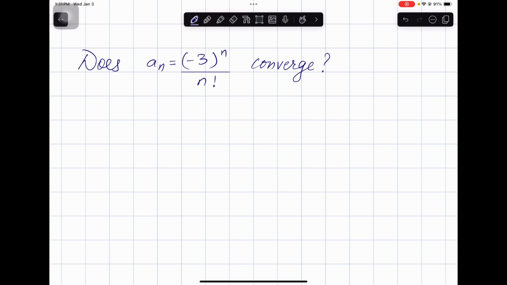Let me give a brief overview on what the squeeze theorem is.